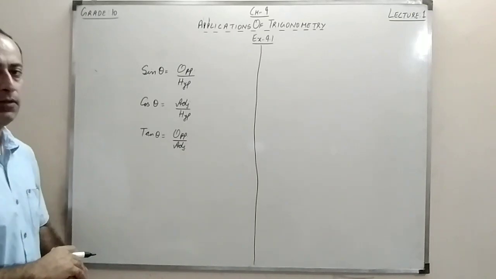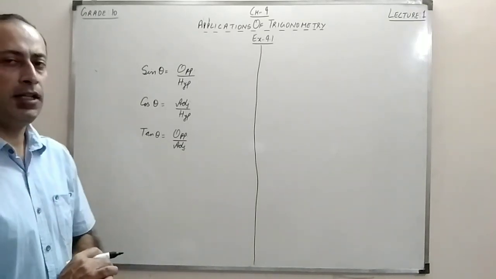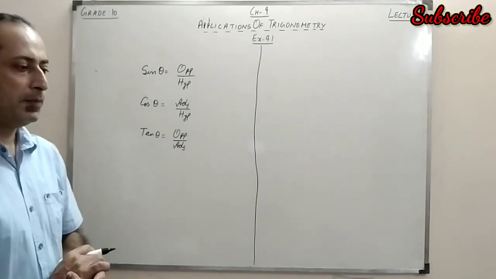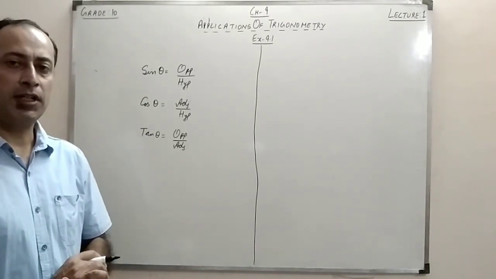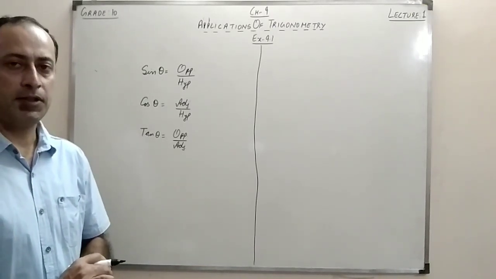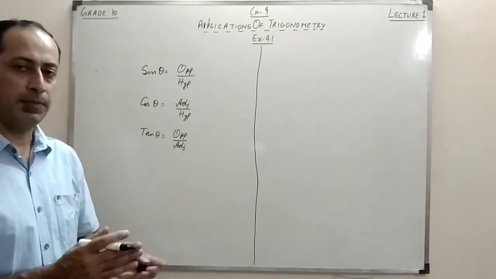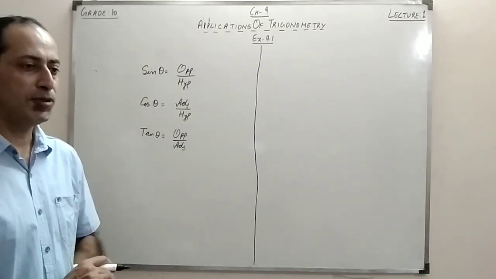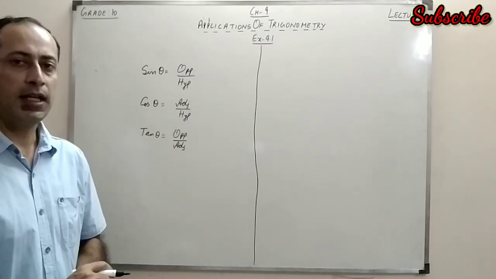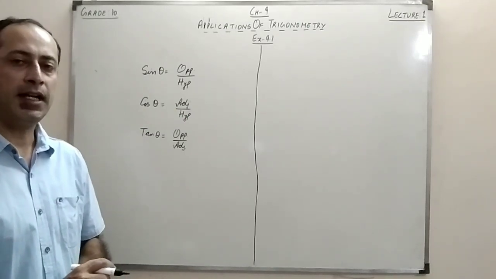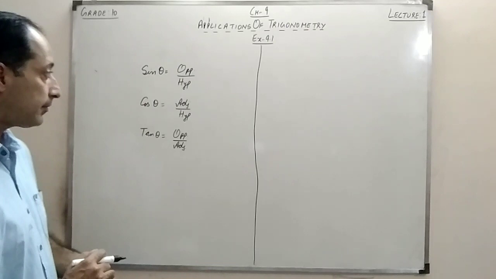So we can use these three to find various things, because if we join 3 points we get a triangle. We're talking about a right angle triangle, and in that right angle triangle we can find either the base, the height, or the hypotenuse if one side of the triangle is given, right?